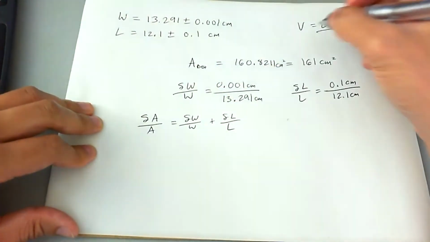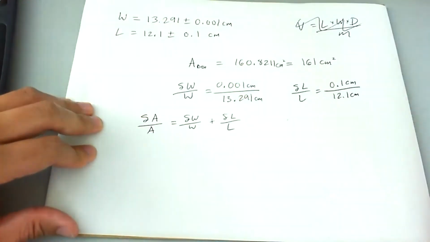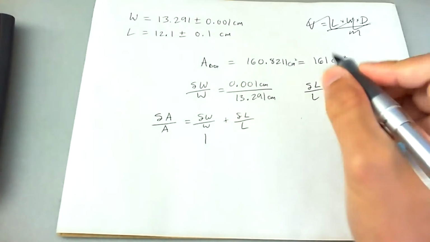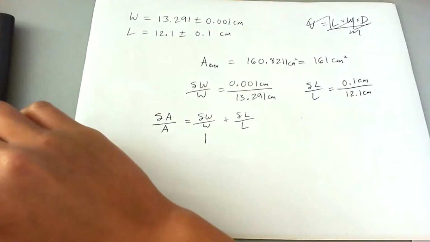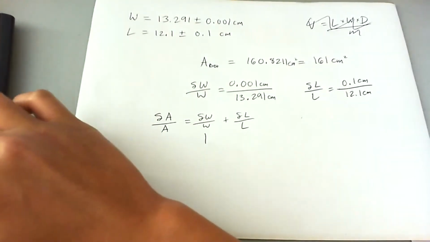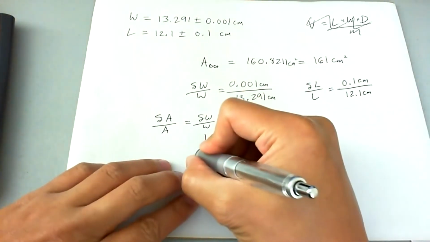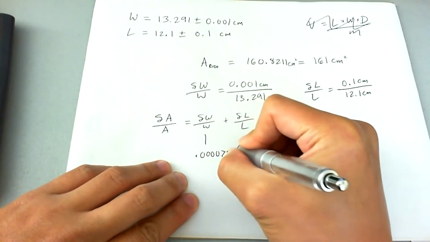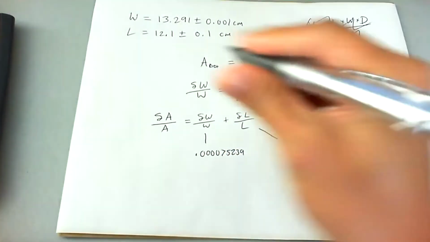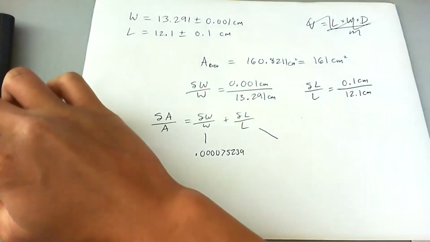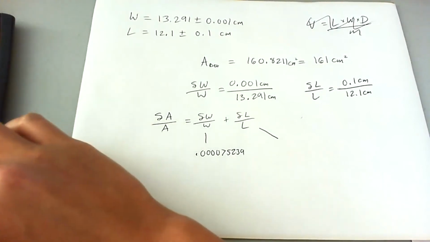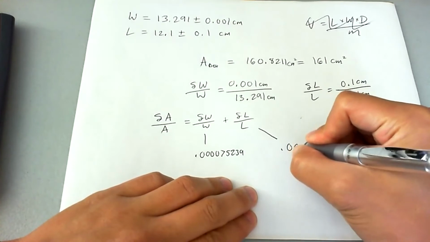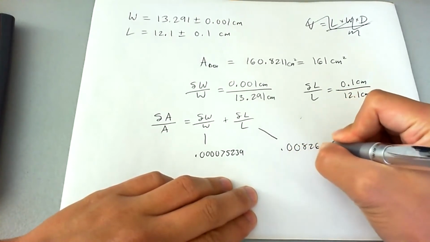Now let's go back to this problem at hand. For this, the first value is going to end up being something very small, 0.000075239. The second value is slightly bigger, 0.008264463.